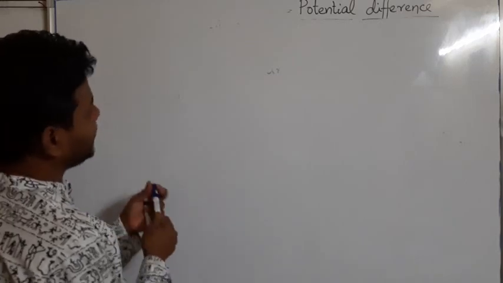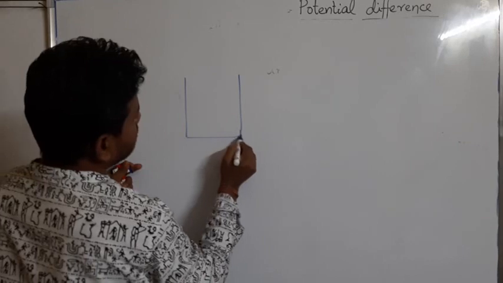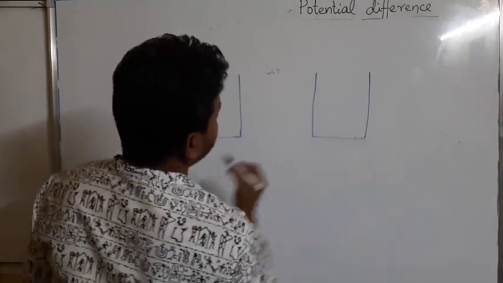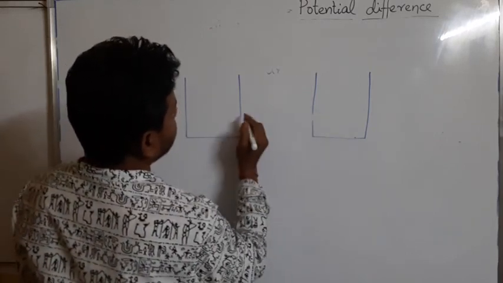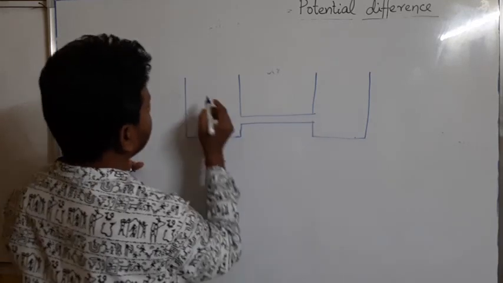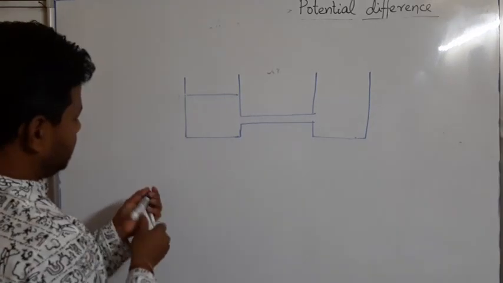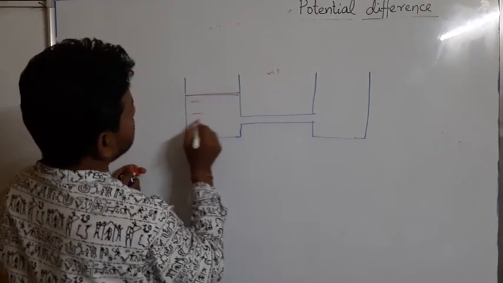Let there be two tanks with water and a horizontal tube connecting them. So let the amount of water be the same.